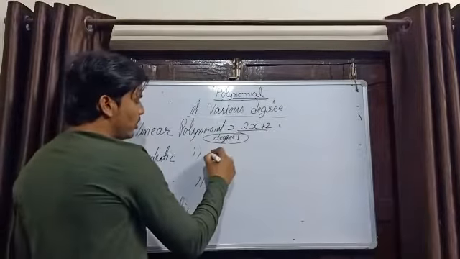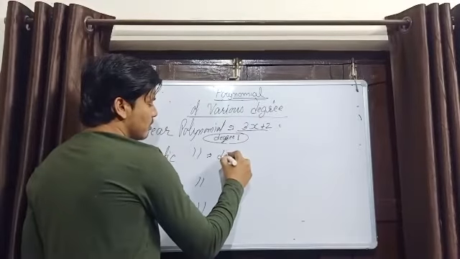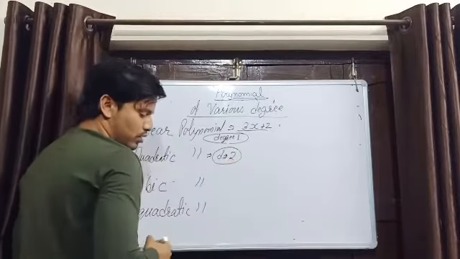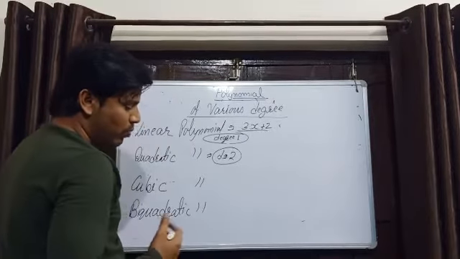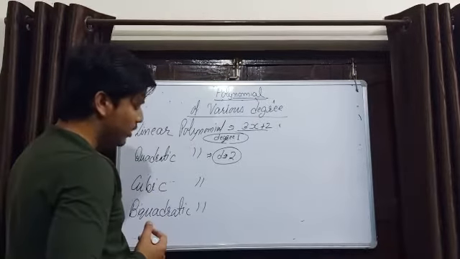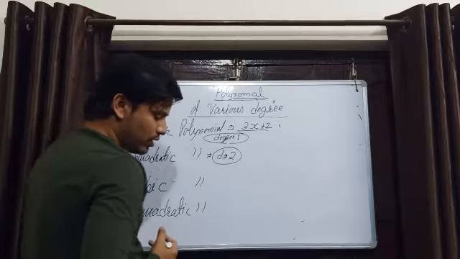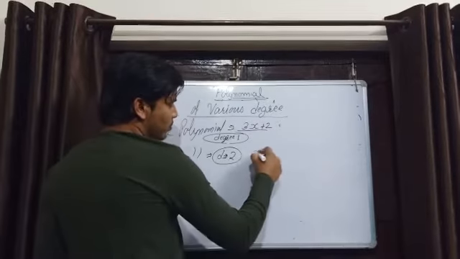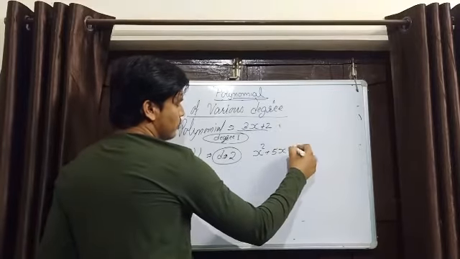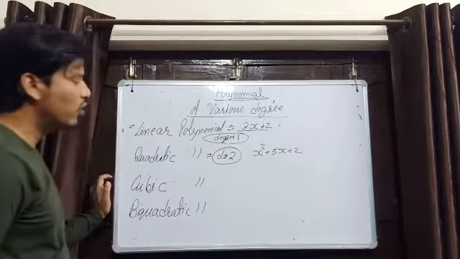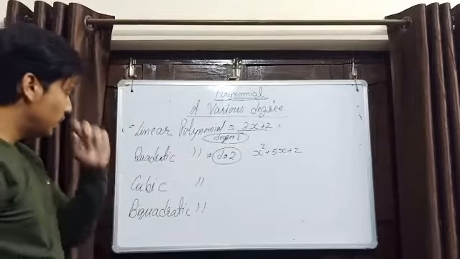In a quadratic polynomial, the degree is 2. A polynomial of degree 2 is called a quadratic polynomial. Let's take an example: x square plus 5x plus 2. This is a quadratic polynomial of degree 2.